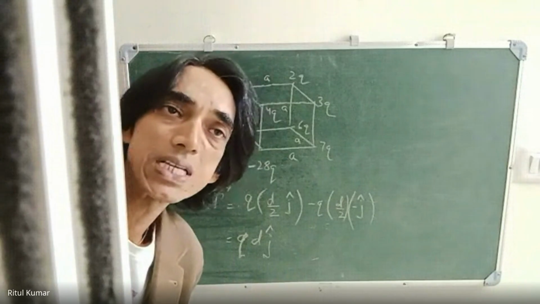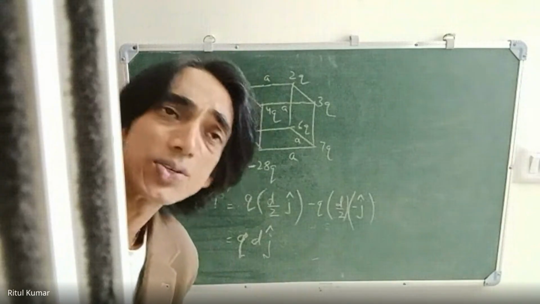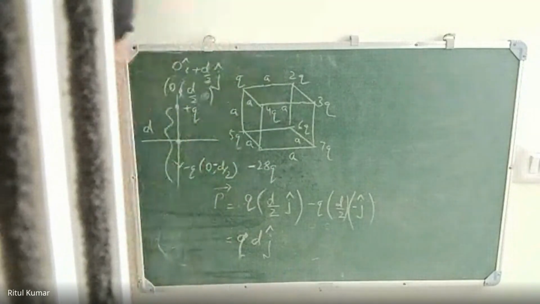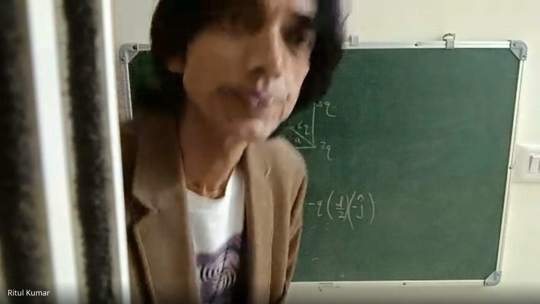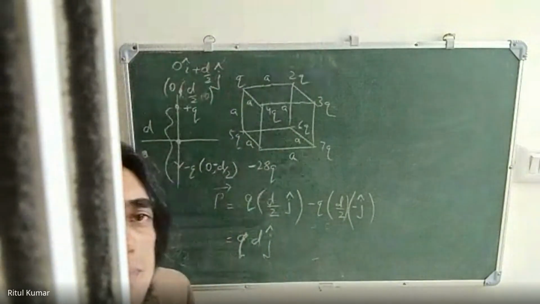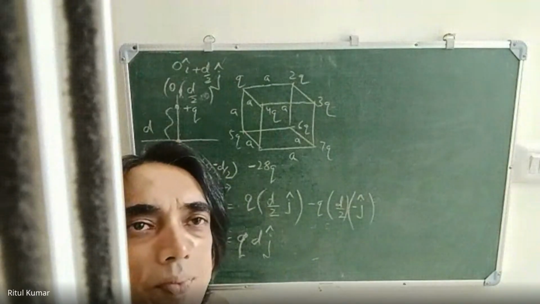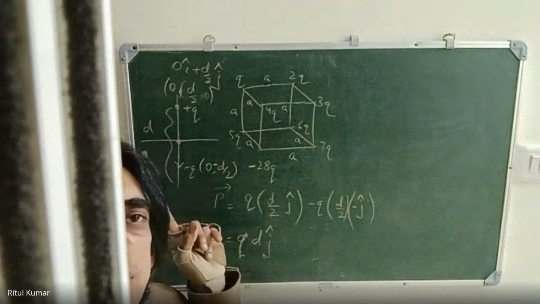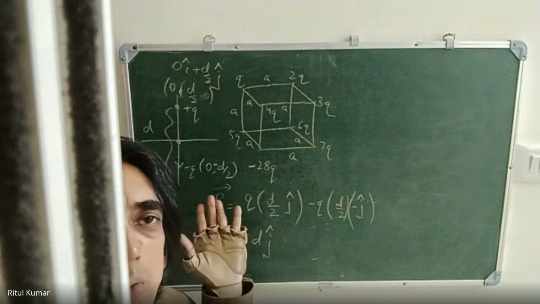Now you may ask, or I ask you, what if a person takes some other reference? Will the answer change? I'm not taking that reference. I'm taking this reference now. I will get the position vector for q.